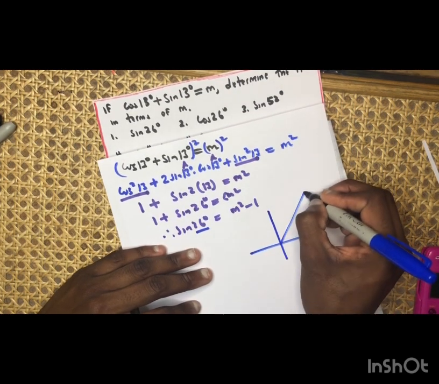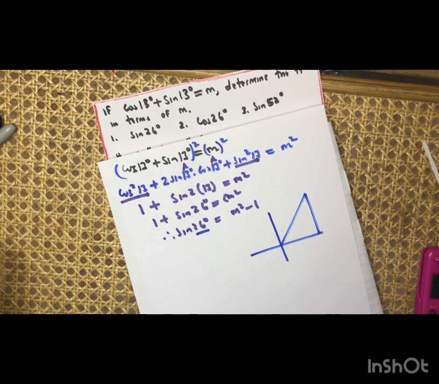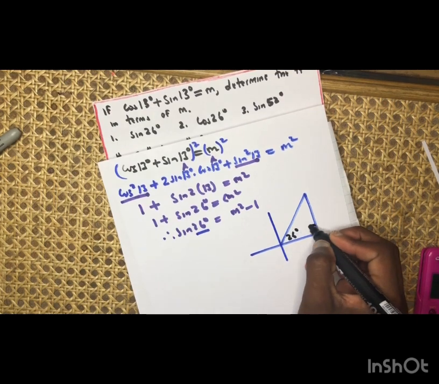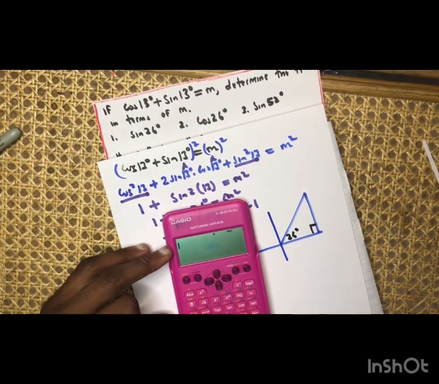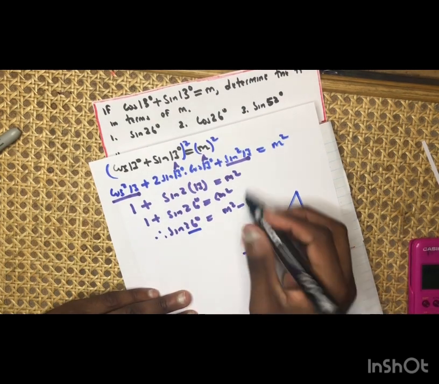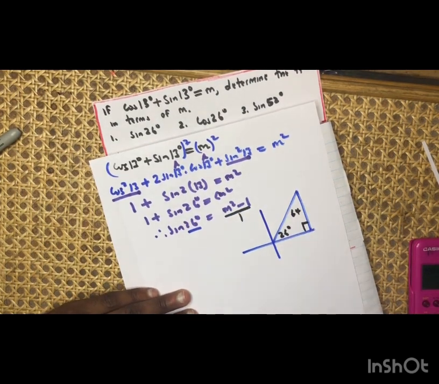So this is something like this. So I have my angle now, which is 26, guys. So I have 90, then we say 180 minus 90 minus 26. Now we have 64. So sine, guys, is opposite over hypotenuse.